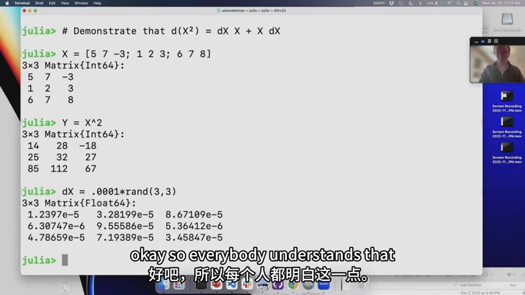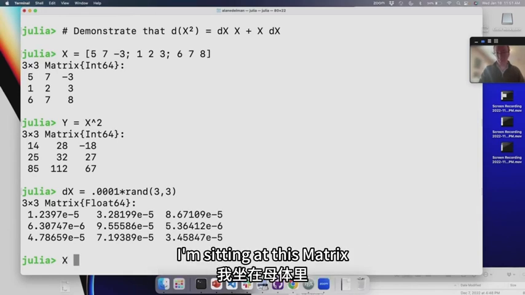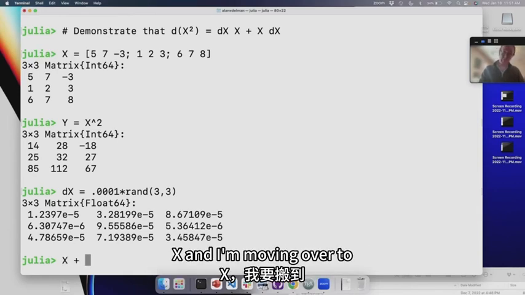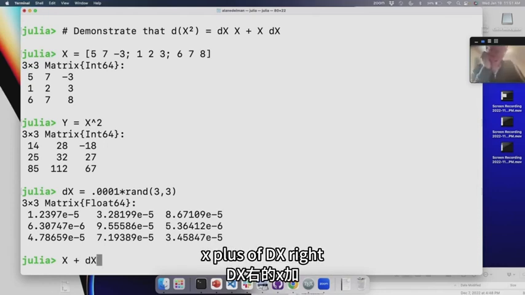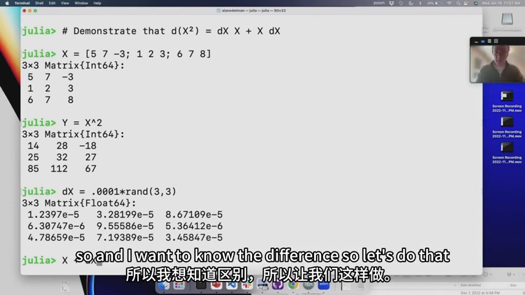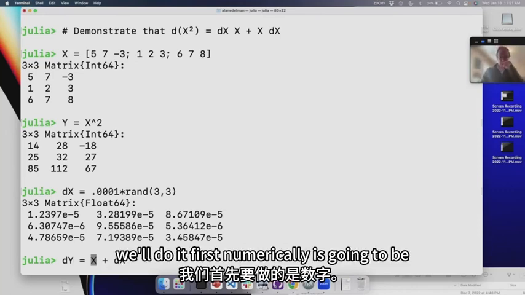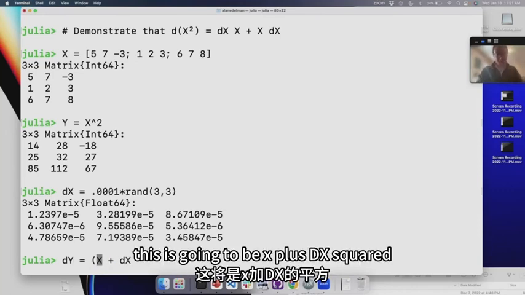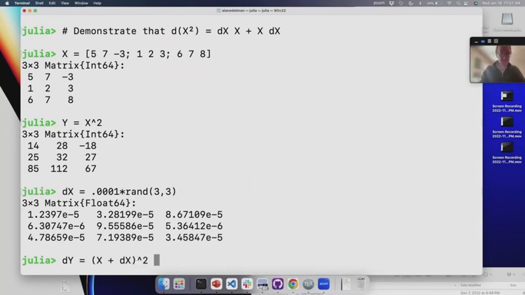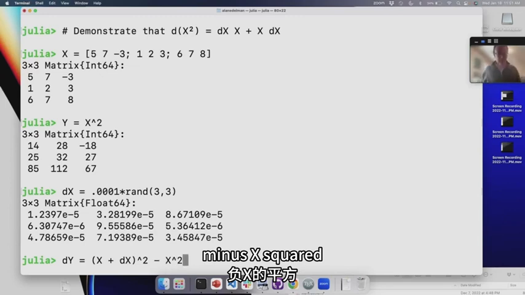Okay, so everybody understands that I'm sitting at this matrix X, and I'm moving over to X plus dx, right? And I want to know the difference. So let's do that, right? So dy, we'll do it first numerically, is going to be (X plus dx) squared minus x squared.